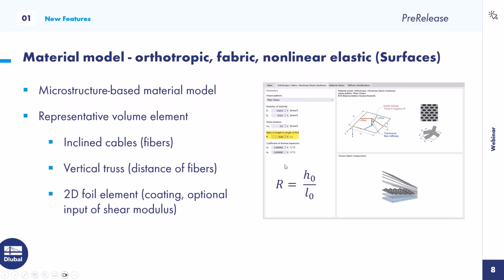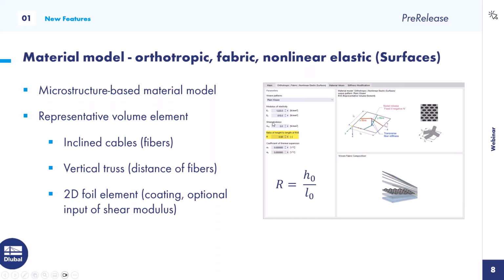And then you only need to enter a ratio of the height to the length of the volume element. So you can see the height is the stitch between both fibers, and the length is then one element most likely. So it's one part of the weave.